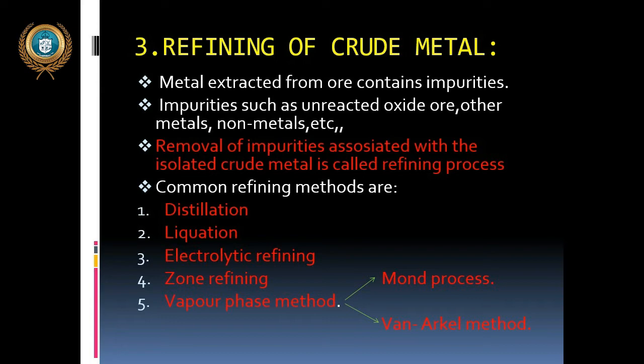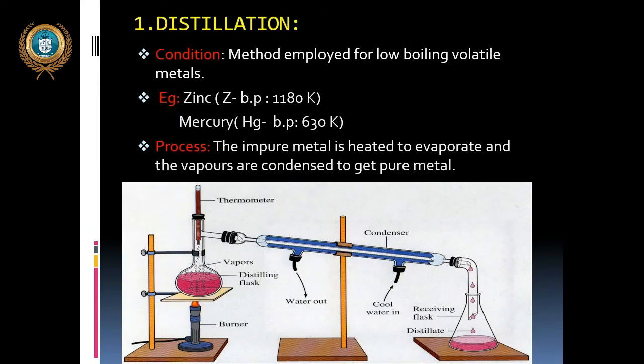Now first, distillation. The condition here is that this method is employed for low boiling volatile metals. For example, zinc has a boiling point around 1180 Kelvin and mercury has a boiling point of 630 Kelvin. Look at the condition here.